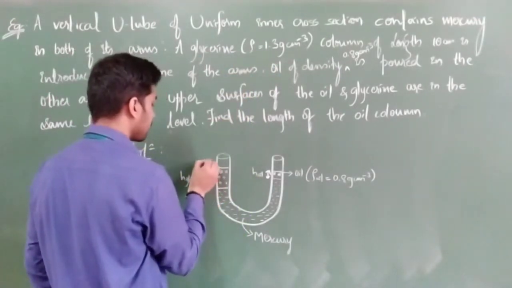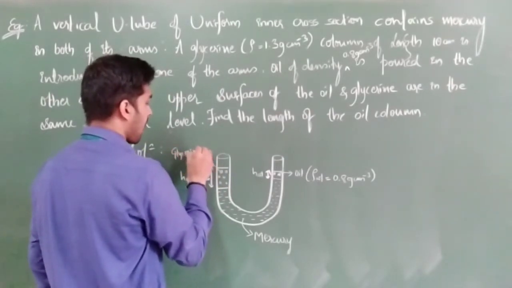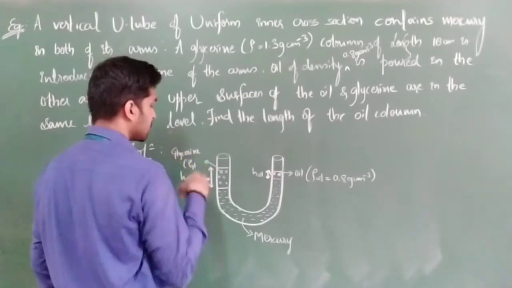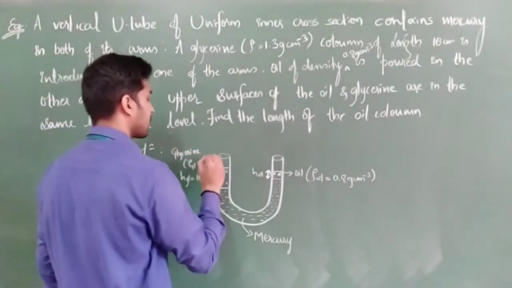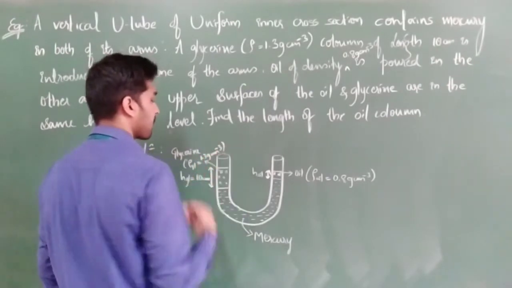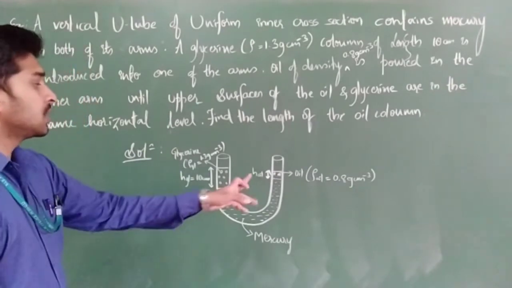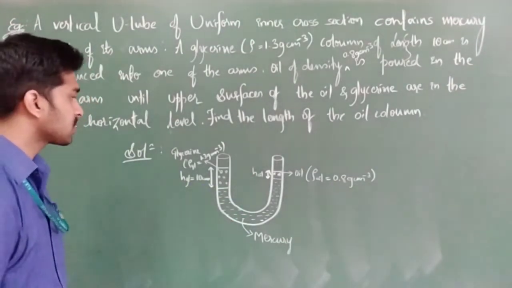So this is glycerine, and the density of glycerine, how much have they given? 1.3, correct? 1.3 gram per centimeter cube. H oil they are asking, HGL they have given. So how are we going to solve this question?